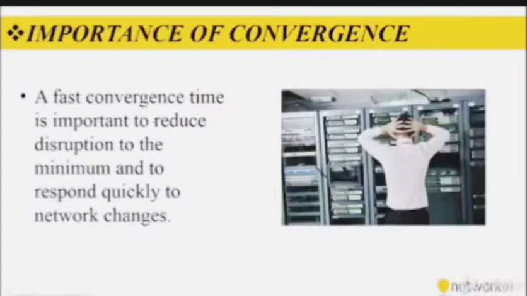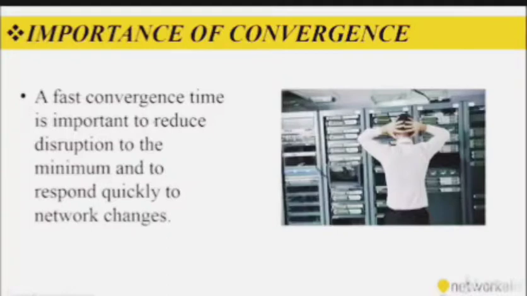And let's take a look at the importance of convergence right now. Convergence is the time it takes for the routers to notice the change in the network, to share information about the change with each other, and to make the necessary calculations to find the best routes again.